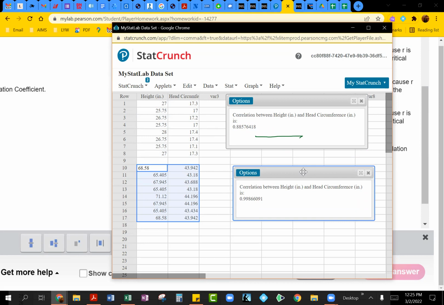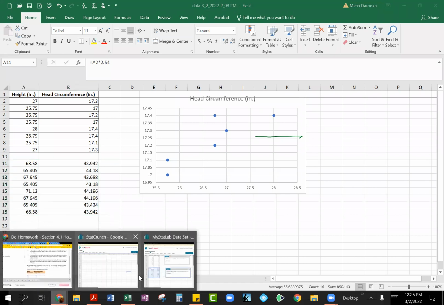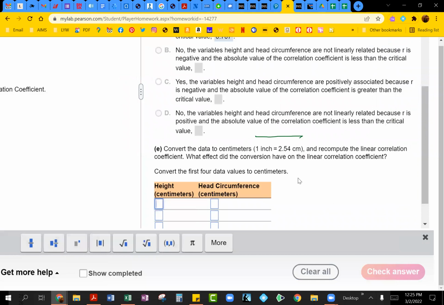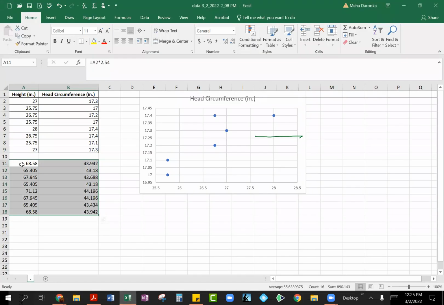Oh, that number should not have changed. What did I change here? The idea is the correlation has to come out to be the same, even if you change it from inches to centimeters. Well, these numbers look good. A4, A5, A6, A7, A9.